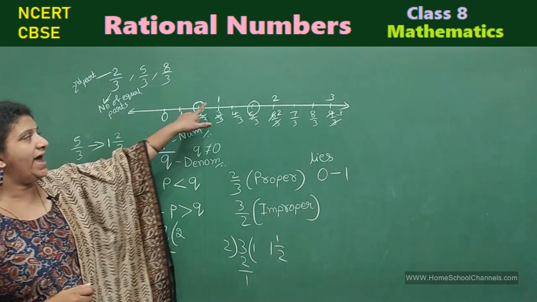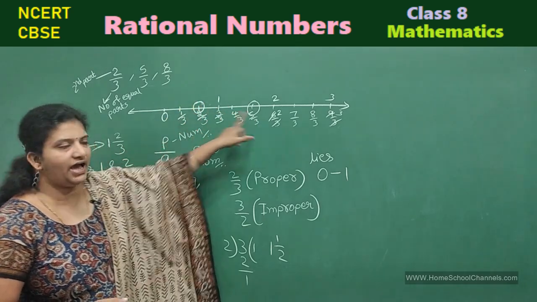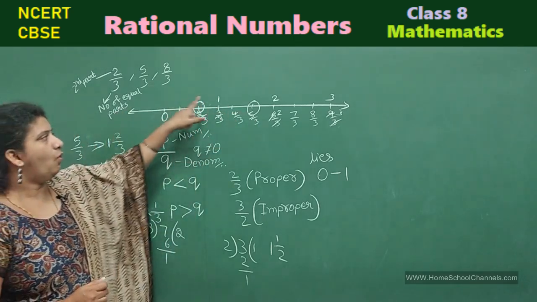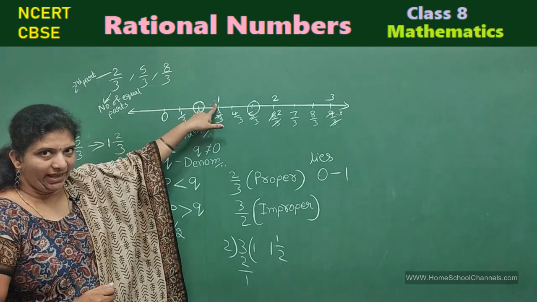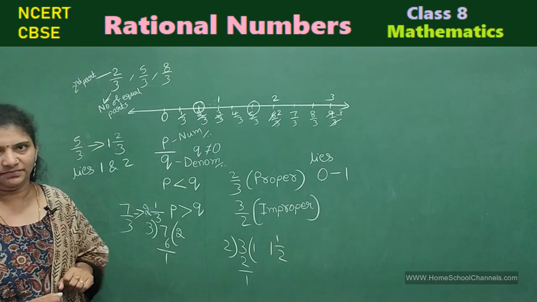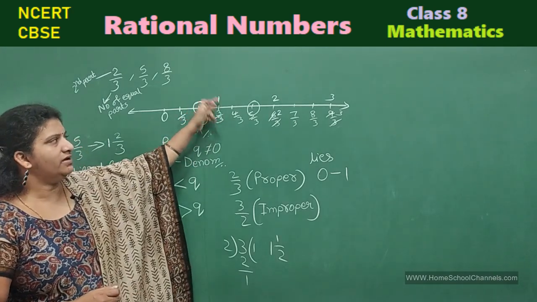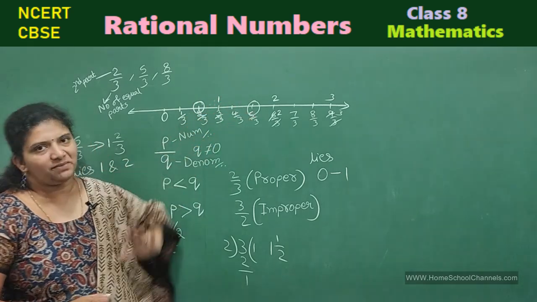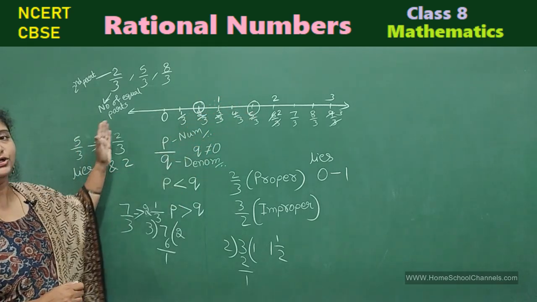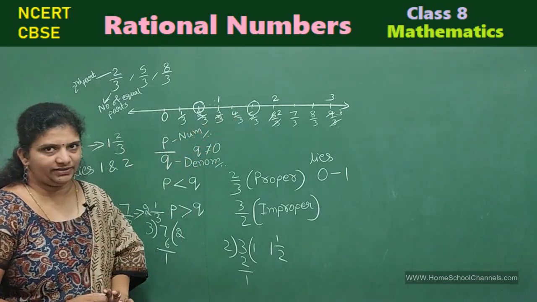Right? 1 whole 2 by 3 I can say this. After 1, second one is 5 by 3. Is it right or not? After 1, second part is 5 by 3. 1, 2 by 3 is this one.